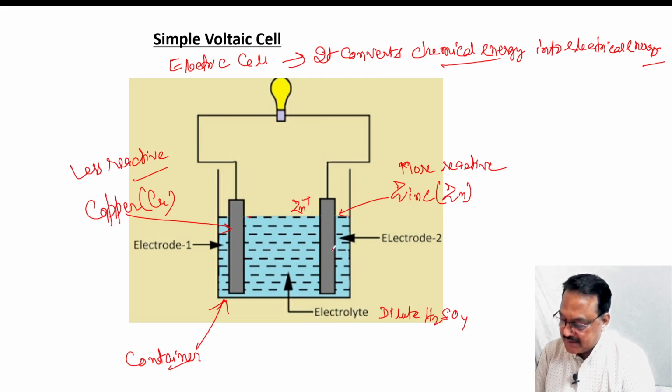And this dilute H2SO4 is also broken into two ions, positive ions and negative ions. What are the positive ions here? Hydrogen ions are positive and sulfate ions are negative.